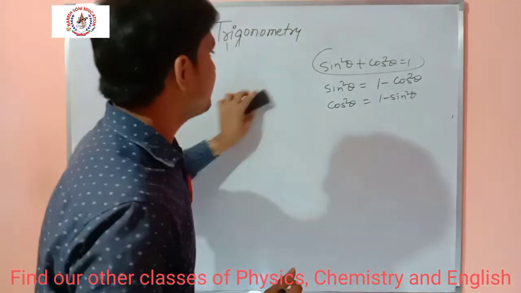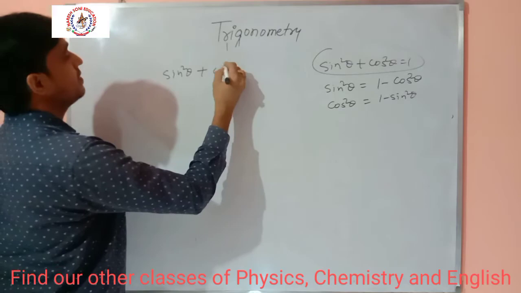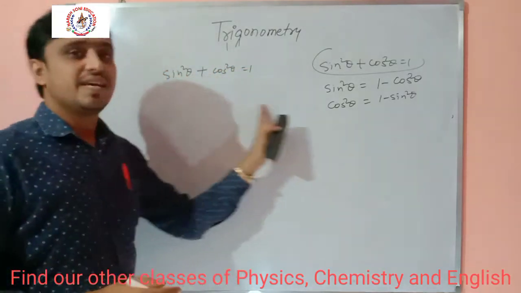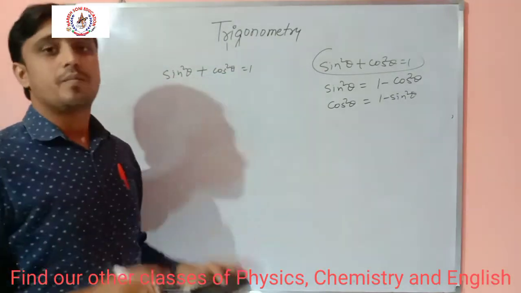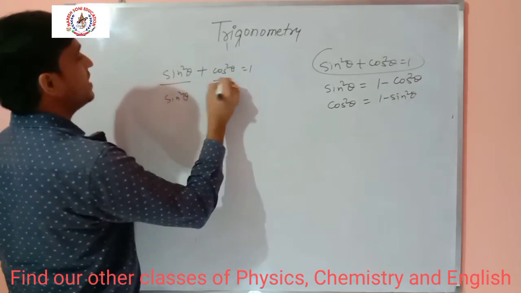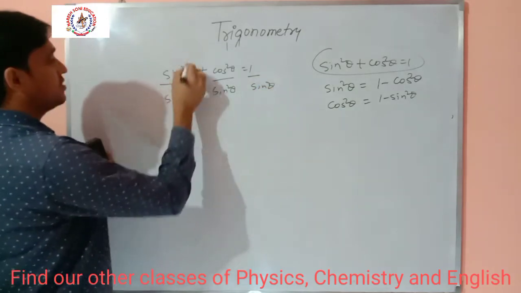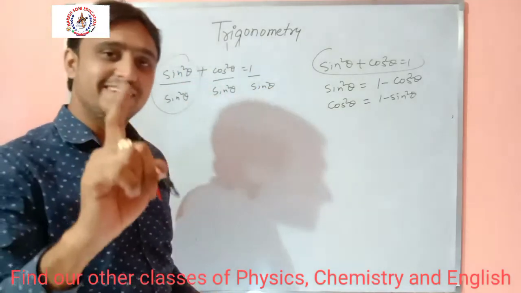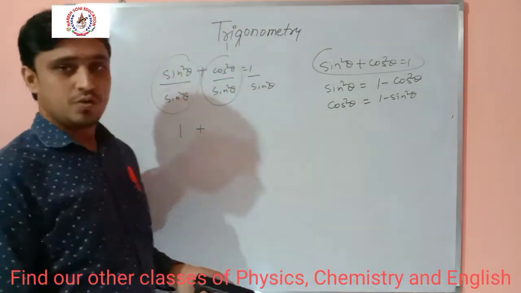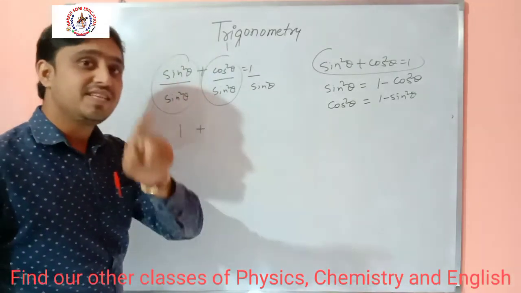What are these? Like you have sin square theta plus cos square theta is equal to 1, right? If you divide this identity, both sides, left side and right side, by sin square theta, then sin square theta upon sin square theta is 1, right? Plus cos square theta upon sin square theta. We have discussed all this. Cos theta upon sin theta is cot theta.